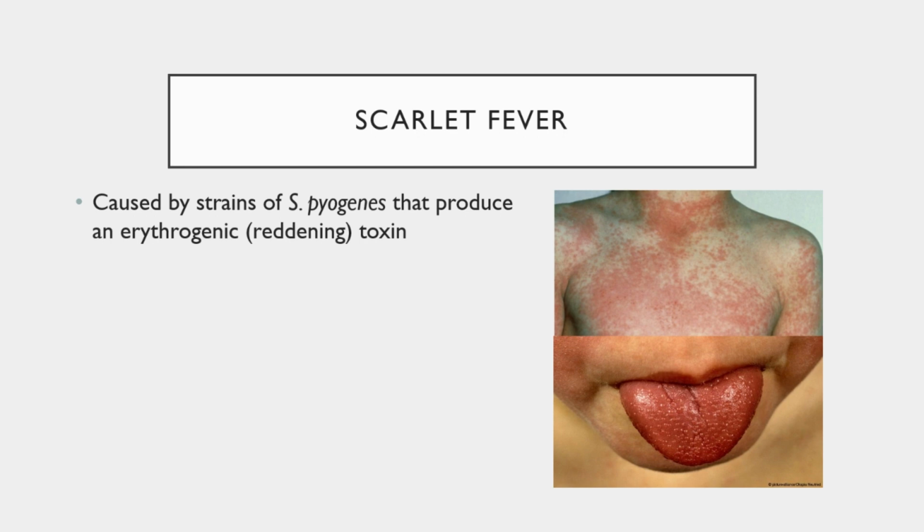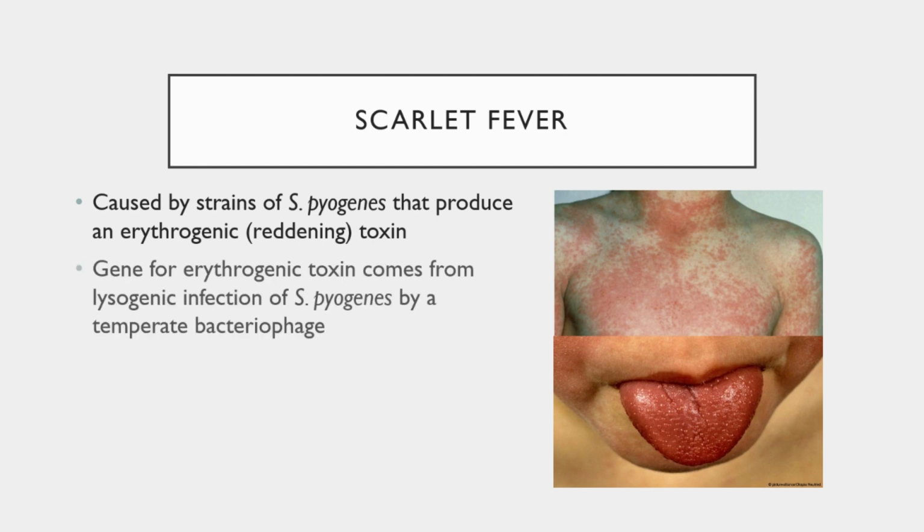In other words, a toxin that causes reddening symptoms. Not all strains of Streptococcus pyogenes produce this reddening toxin, though. And the gene for the toxin is actually the result of this bacterium, S. pyogenes, undergoing infection itself by a temperate bacteriophage.